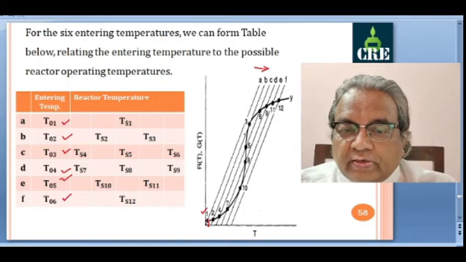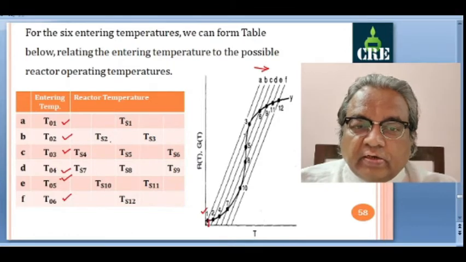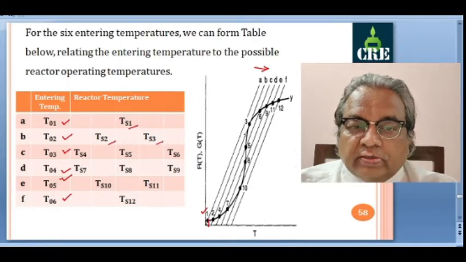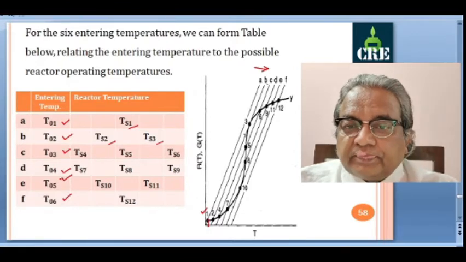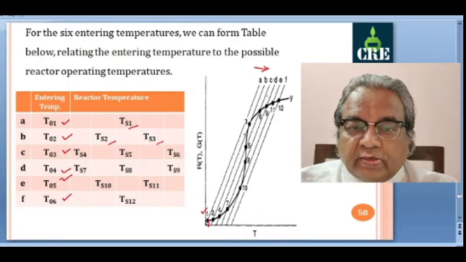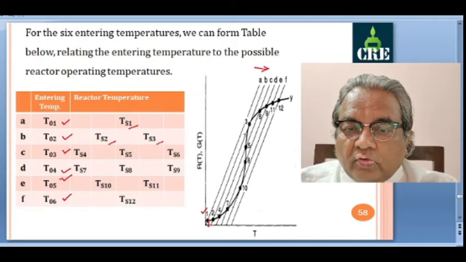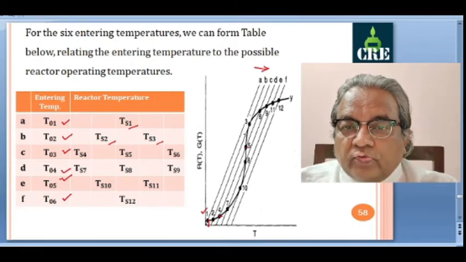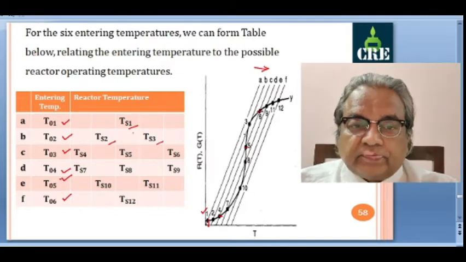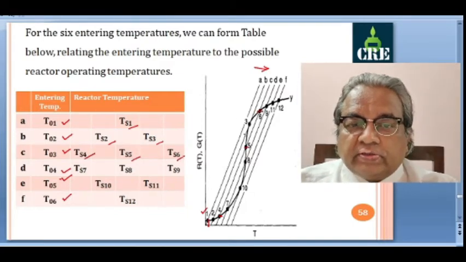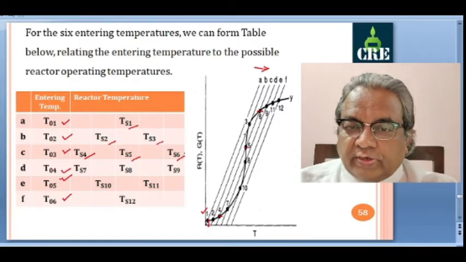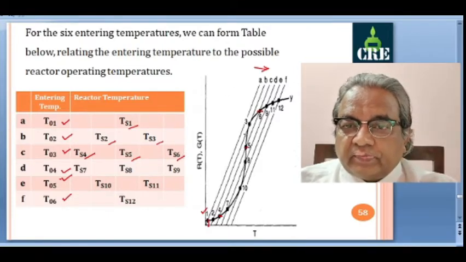It is crossing at 2 and 3, so the corresponding steady states are Ts2 and Ts3. Ts1 we have already considered. Next, this line C, a further increase. So we have 4, 5 and 6, so Ts4, Ts5 and Ts6, 3 points of intersection, so 3 steady states.